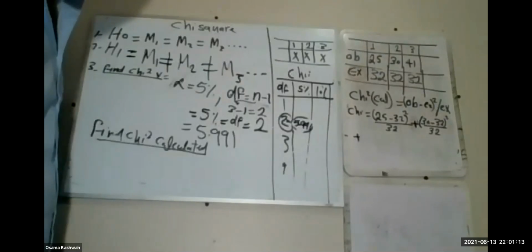Second, the second shift, the same. We have the observed 30 minus the expected 32, all squared, divided by 32, the expected, plus, let us go for the third shift.